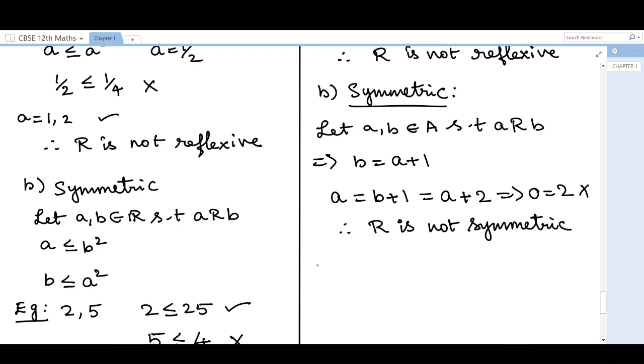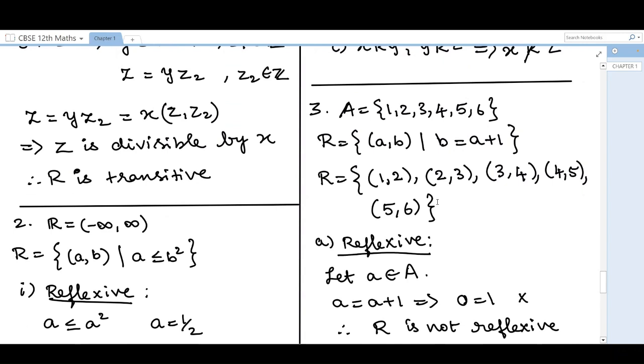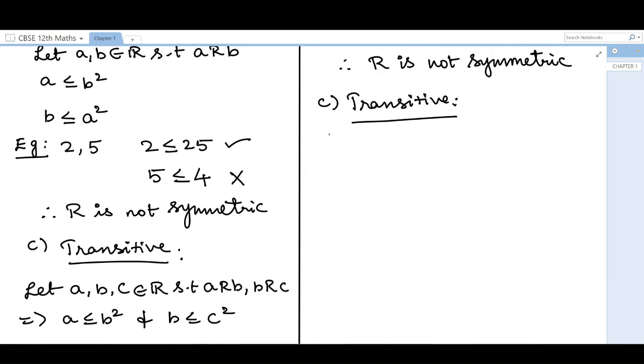And the third one is transitive. In the set, if you take two elements such that (1, 2) and (2, 3), we don't have (1, 3). Therefore, this is not transitive.